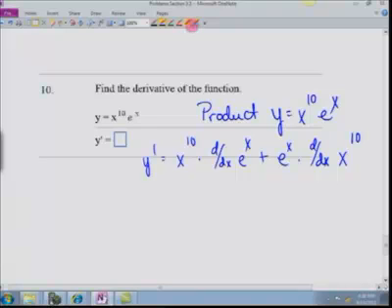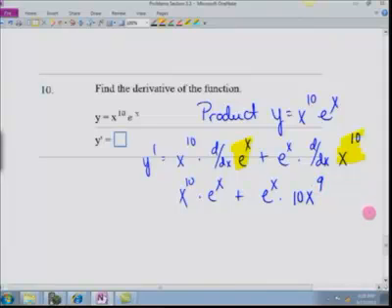So we're taking the derivative two different places, here and here. Okay, so we have x to the 10th times what? E to the x plus e to the x times 10x, sorry, 10x to the 9th, I think.